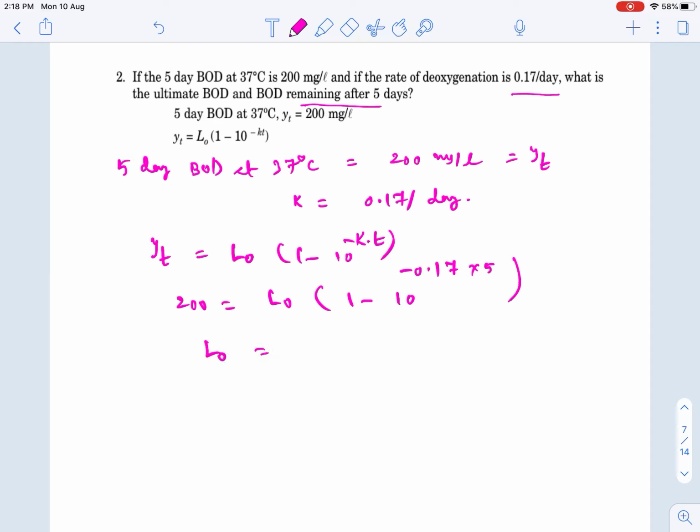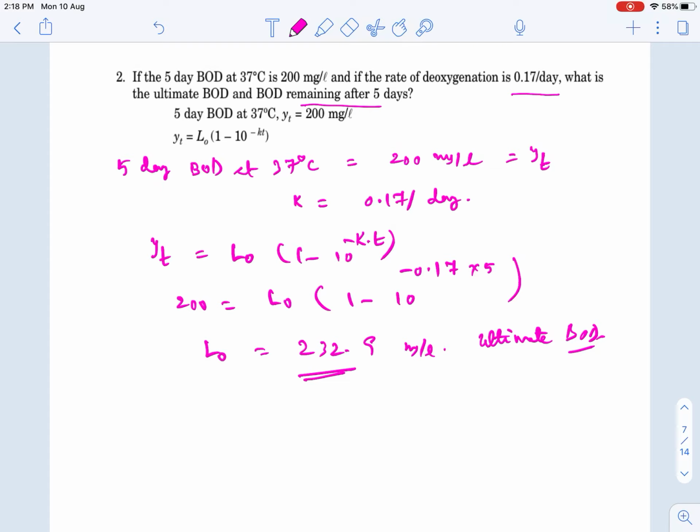So L0 you can calculate as 232.9 milligrams per liter. This is the ultimate BOD.